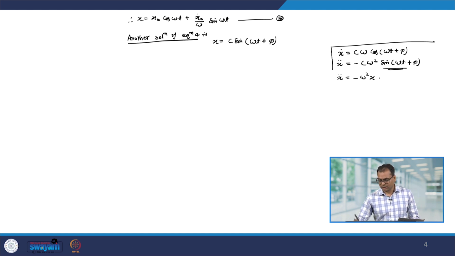So, this implies that x equal to c sin omega t plus phi satisfies the equation x double dot equal to minus omega square x. So, therefore, that is also a valid solution.